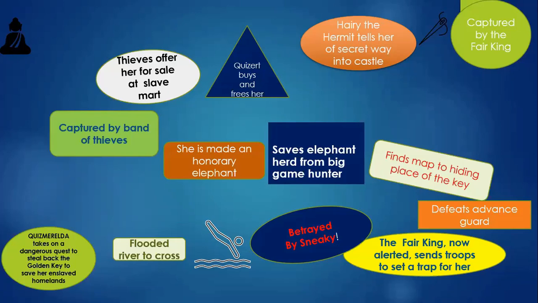So with map in hand, she moves on, and she comes across an elephant herd grazing in the jungle, just in time to see a big game hunter raising his rifle to shoot the bull elephant. No, let's up the ante here. He's shooting the mother elephant with two beautiful babies at foot.